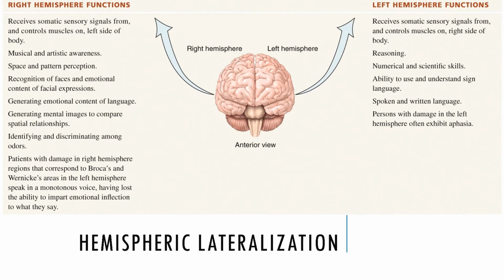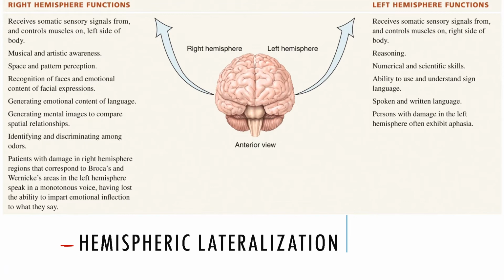Now, although the brain is almost symmetrical on its left and right sides, there are subtle anatomical differences between the two hemispheres. For example, in about 2/3 of the population, the planum temporale region of the temporal lobe that includes Wernicke's area is 50% larger on the left side than on the right side. Physiological differences will also exist. Although the two hemispheres share performance of many functions, each hemisphere also specializes in performing certain unique functions. Now, this functional asymmetry, this is termed hemispheric lateralization.